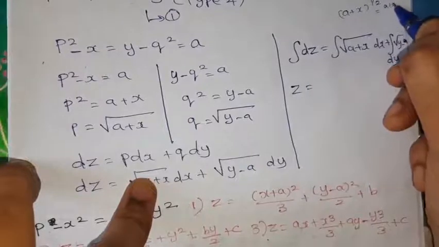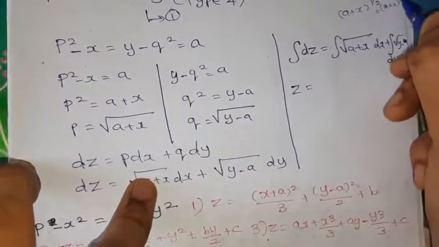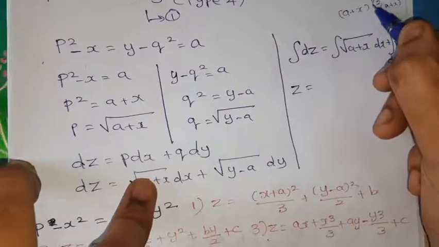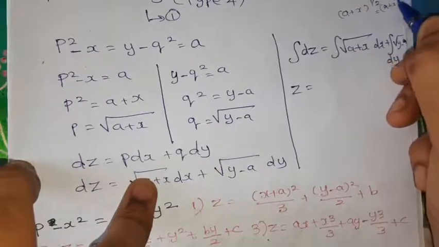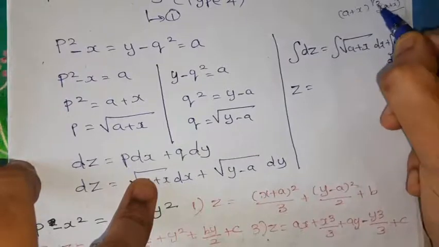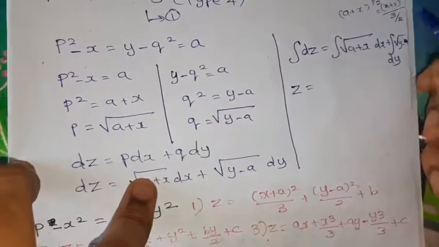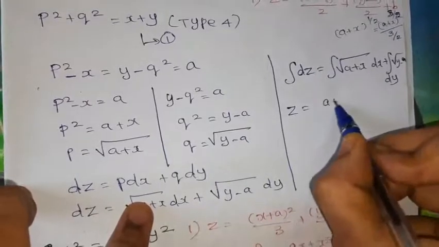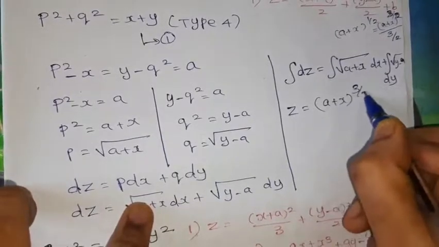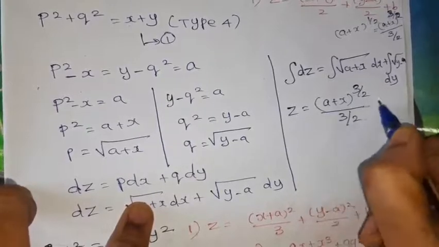One half plus 1 is 3 by 2, divided by 3 by 2. So (a + x) whole power 3 by 2 divided by 3 by 2.